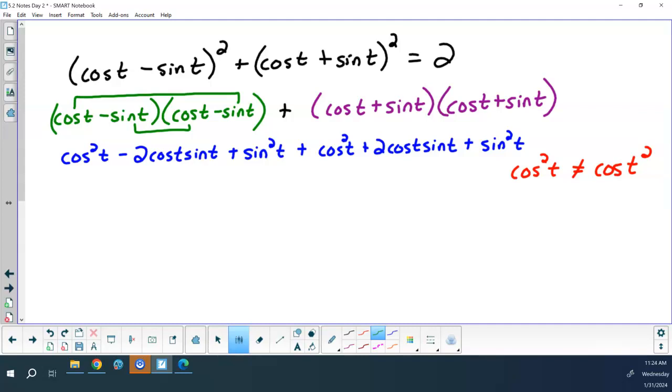Okay? Which this then becomes cosine squared of t plus sine squared of t plus cosine squared of t plus sine squared of t. Or you could write it like that.